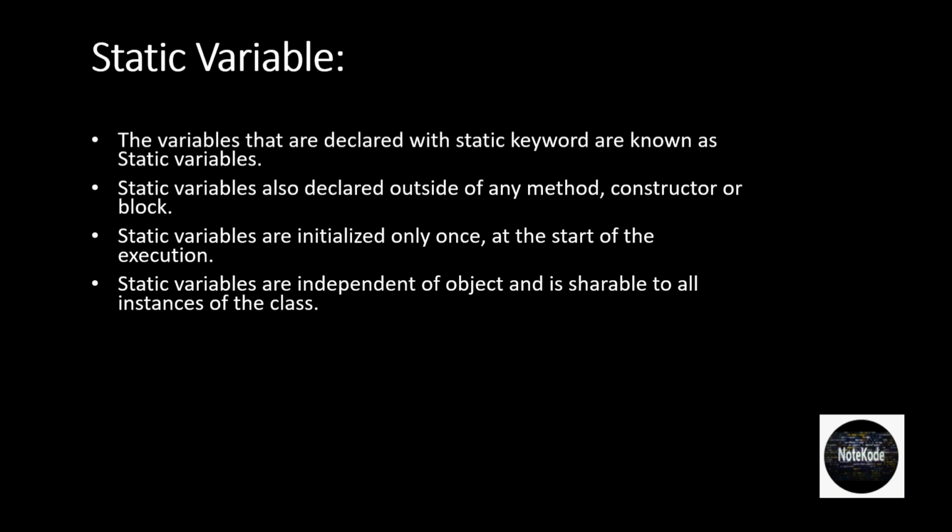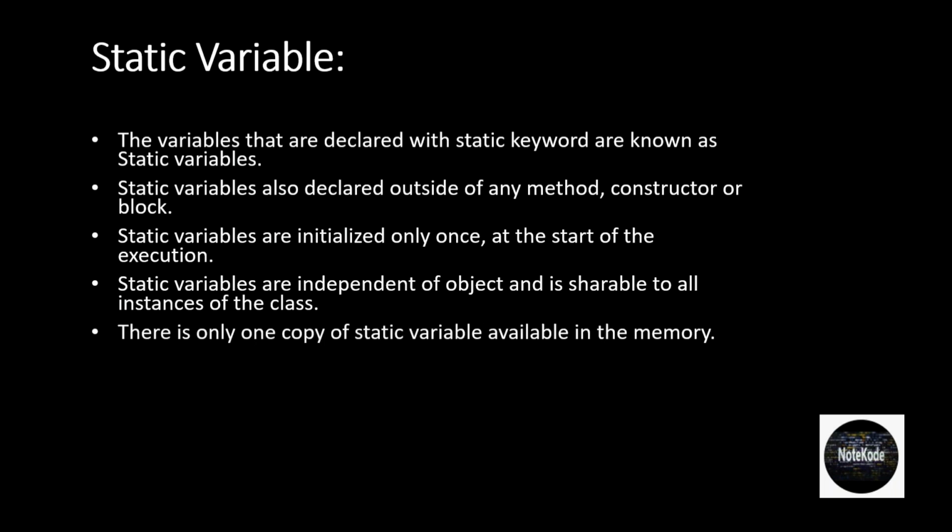Static variables are independent of objects and are shareable to all instances of the class. There is only one copy of a static variable available in memory. Static variables are stored in the method area. The method area is another area in the JVM that is reserved for storing the objects and the static variables.